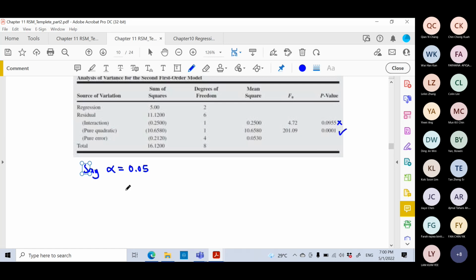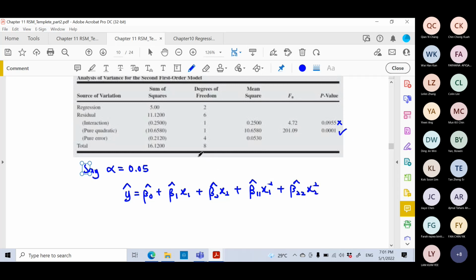So we expect the new model to have beta naught hat plus beta 1 hat for x1 plus beta 2 hat for x2, with the quadratic effect.